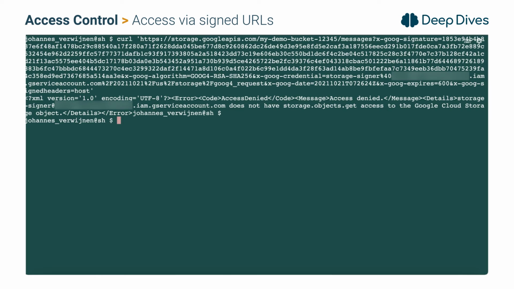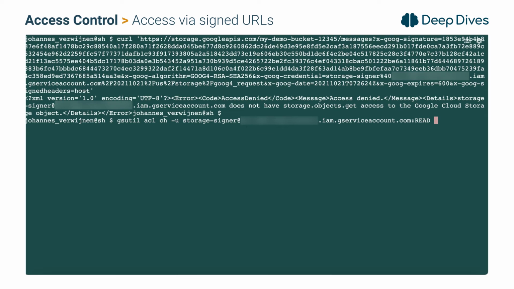Okay, so we need to give our service account the permissions for reading that file. And we can use ACLs for that. So gsutil, we're going to change the ACL. We're going to add the user storage signer, and so on, and we want to give it read permissions.